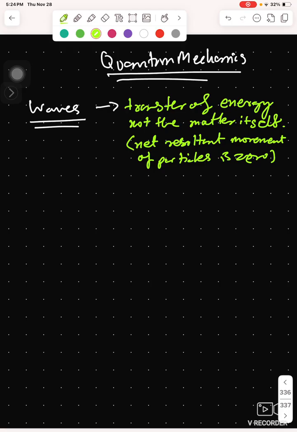Okay, so there are many types of waves, but the two main types are longitudinal and transverse.